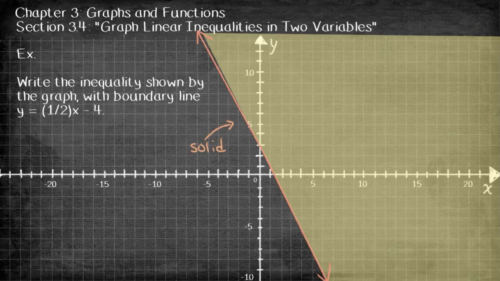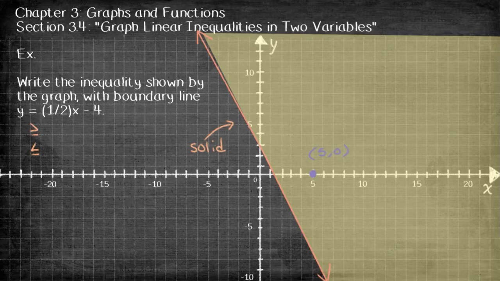So that indicates that I'm going to have a greater than or equal to, or a less than or equal to. But now we have to determine which one we actually have. So what we're going to do is choose a test point in the solution region. It can be any point that lives in the yellow region. I'm just going to pick an easy one here. That would be the point (5, 0).